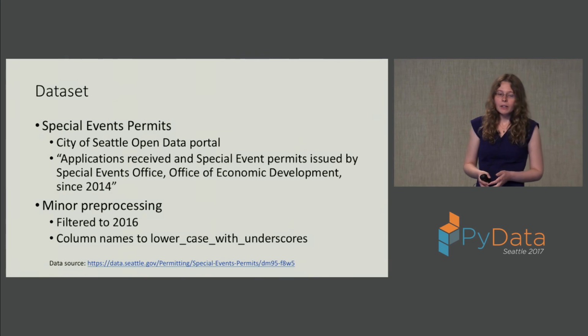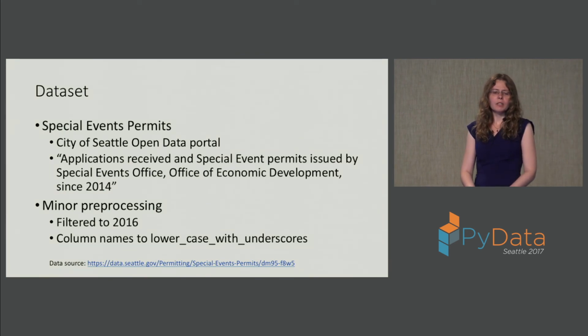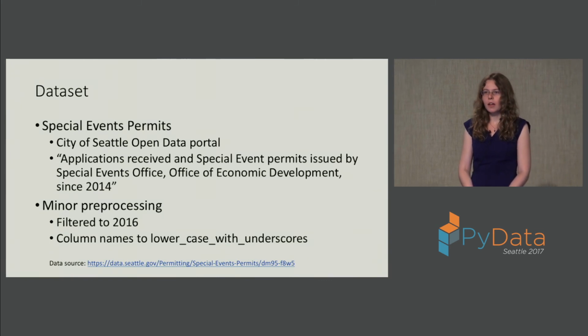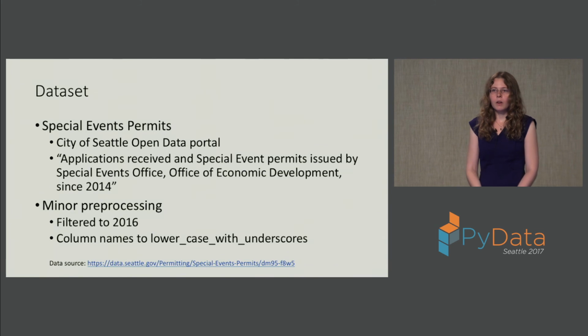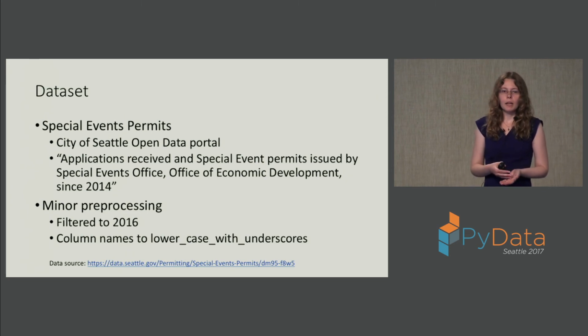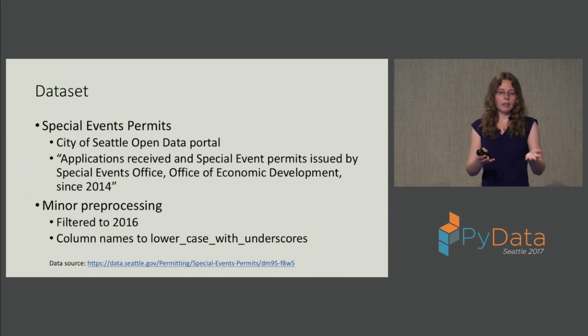This data set in particular is applications received and special events permits issued by the Special Events Office of Economic Development since 2014. So anytime there's some big special event that they need permission from the city to hold, the organization will submit an application and hopefully they get it.